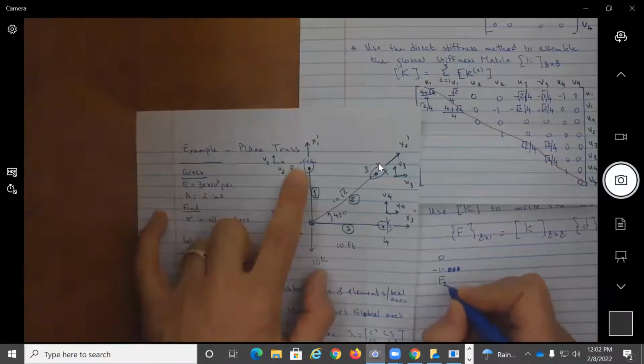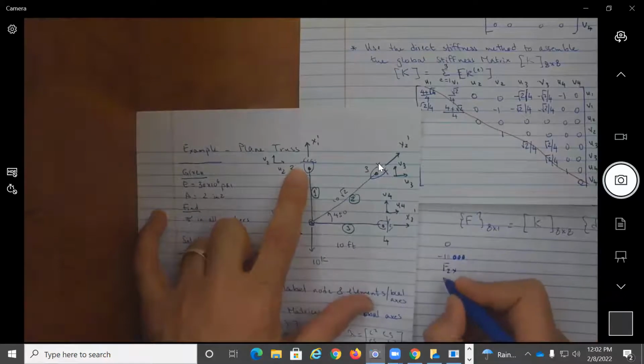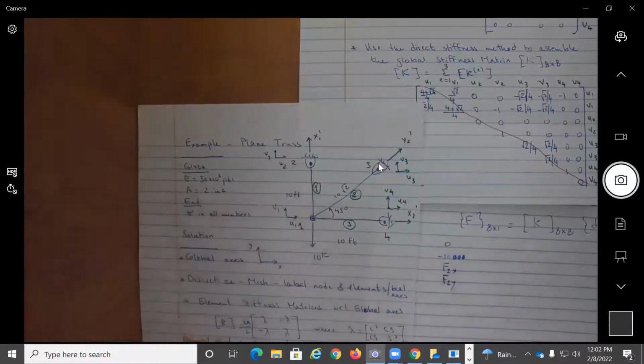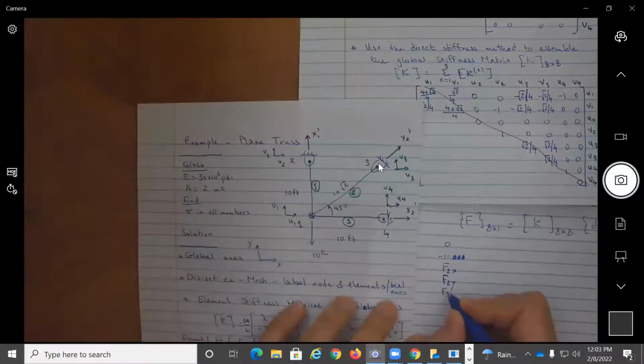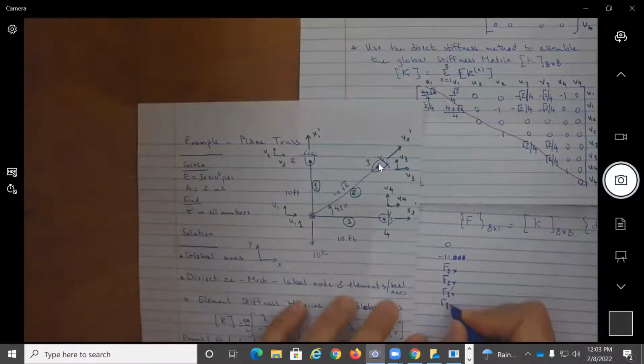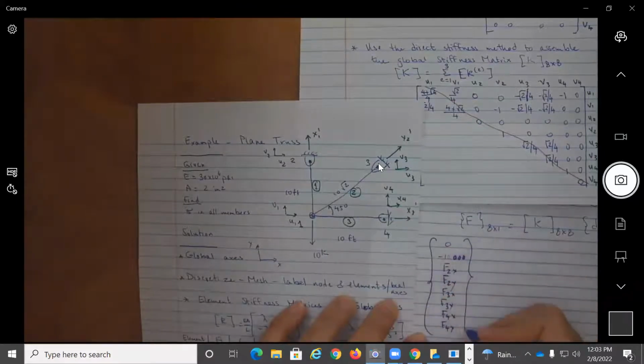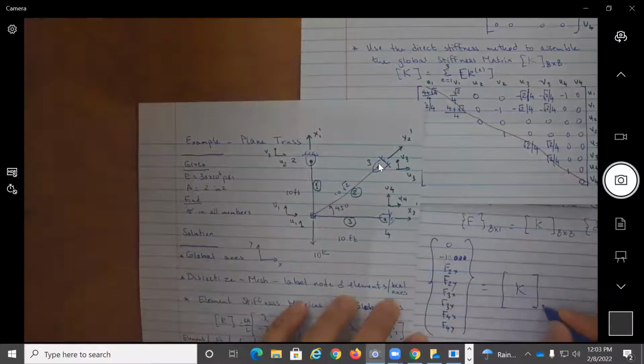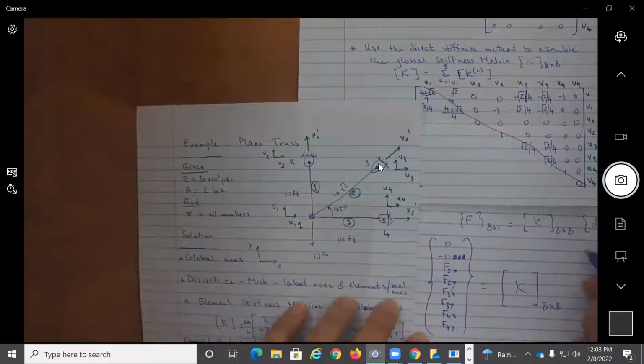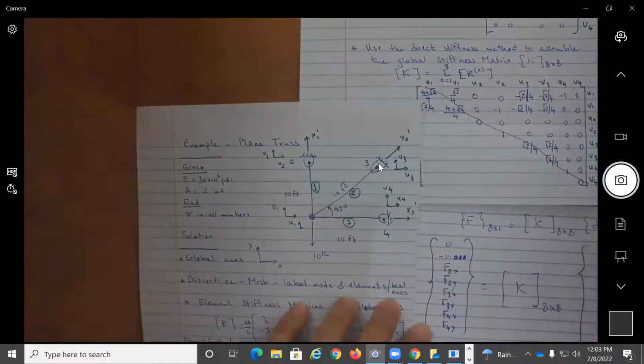Then I have here the unknown support reactions. So I'm going to have an F2x, F2y, F3x, F3y, F4x, and F4y. So this here represents my F matrix, equal to this 8 by 8 multiplied by the displacement matrix.